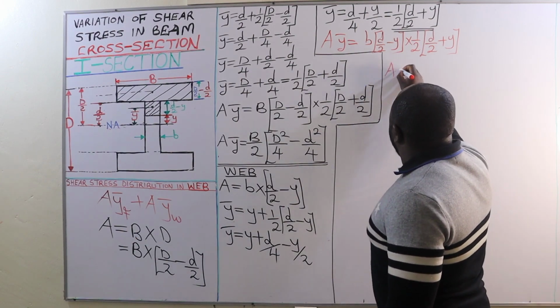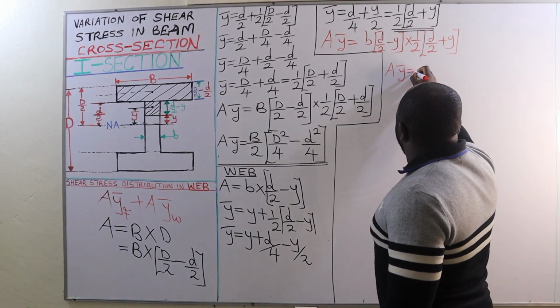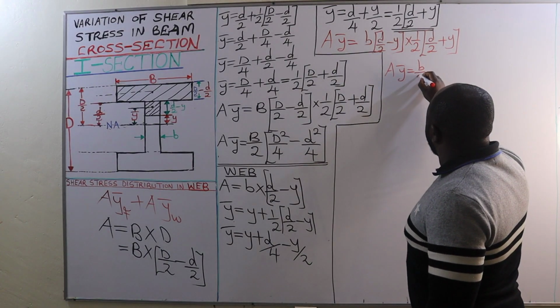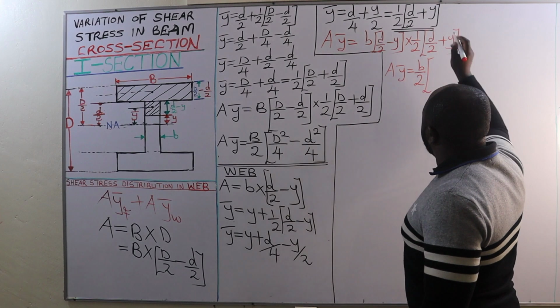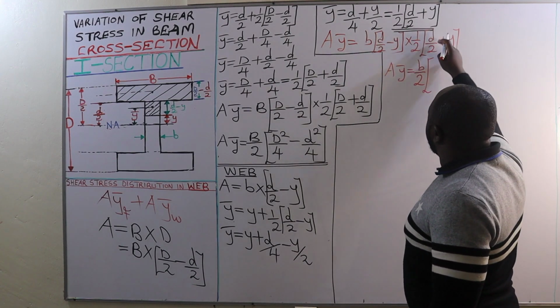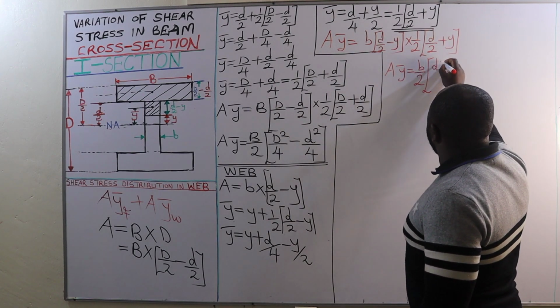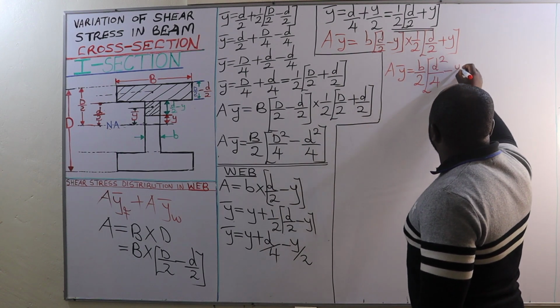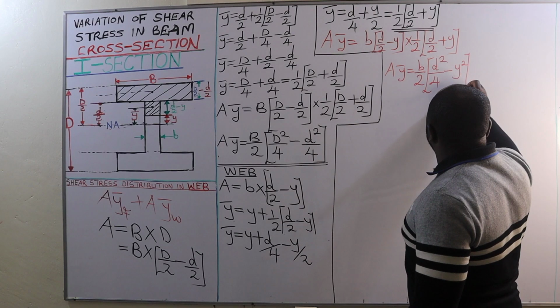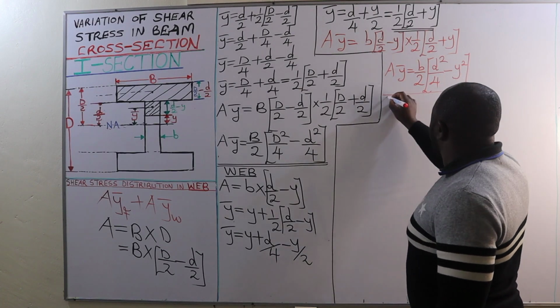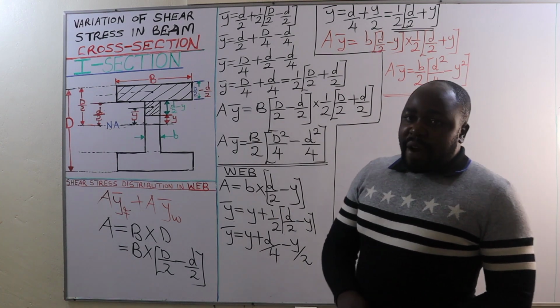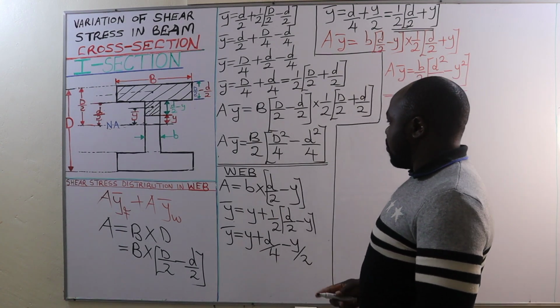Therefore, A bar y for the web is going to be b times a half, which is b over 2, into d over 2 minus y, d over 2 plus y, that's going to be d squared divided by 4 minus y squared. Therefore, that is A bar y for the web section.